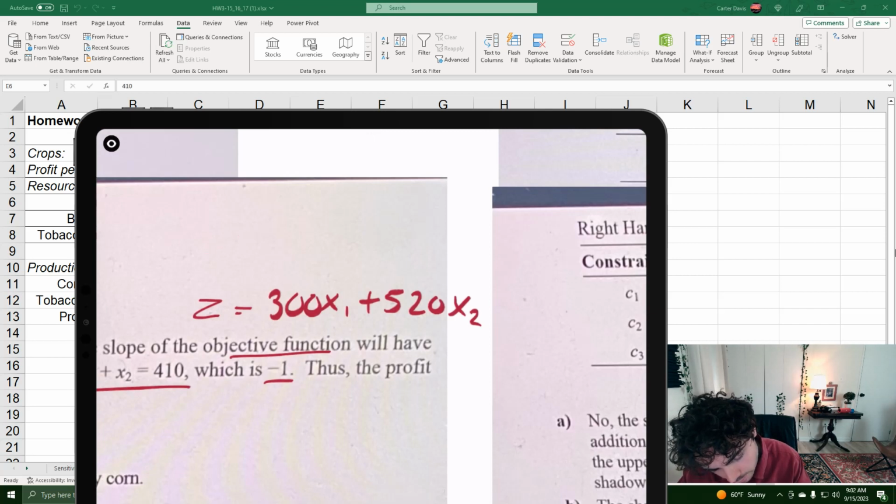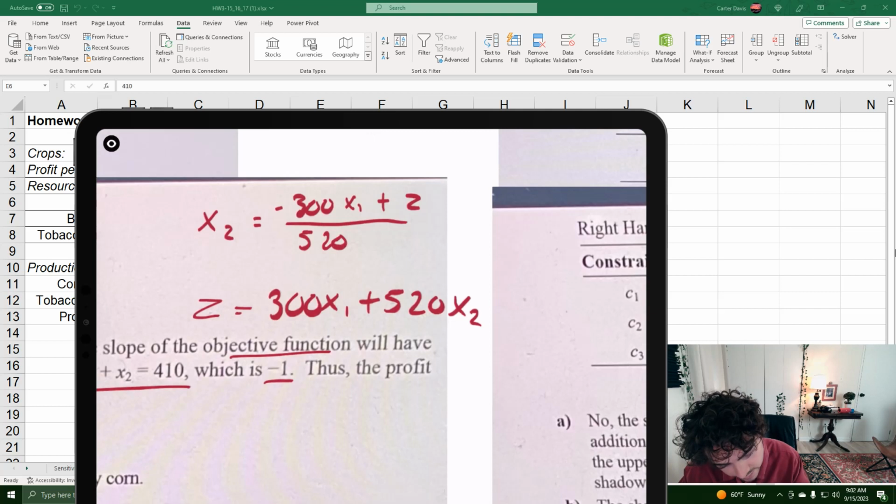But imagine solving for x2, getting it in the form of y equals mx plus b, or x2 equals mx1 plus z. So if we solved for x2 here, that's the goal. Solve for x2, we would get -300 x1 plus z over 520. What we gather from this is the slope.